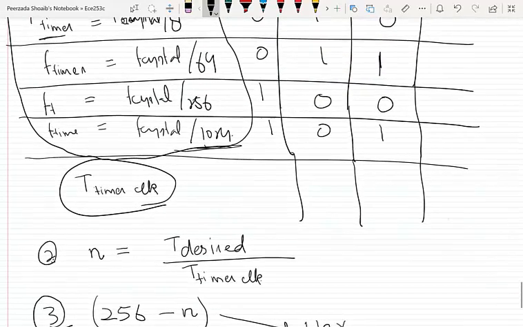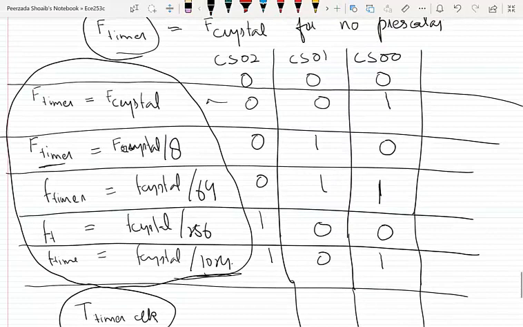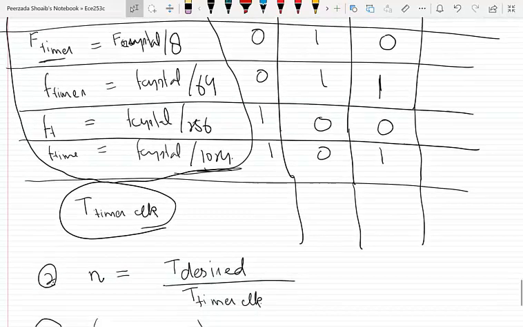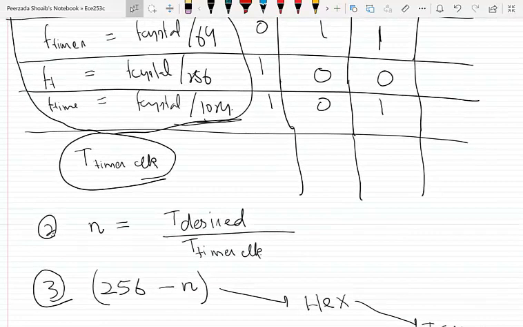So we have three basic steps. In the first step, we determine the timer frequency. That depends upon the crystal frequency and the prescaler we have used. Then we get the timer time period. In the second step, we divide the desired time delay that we want to generate by the timer time period we have calculated in step 1.